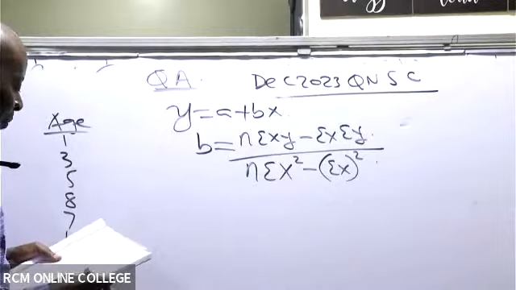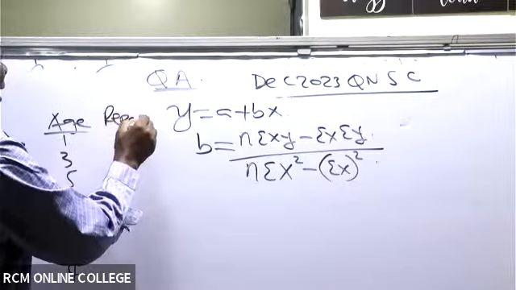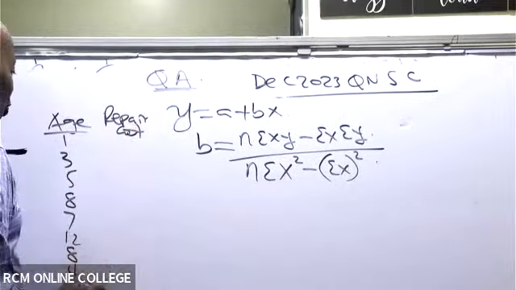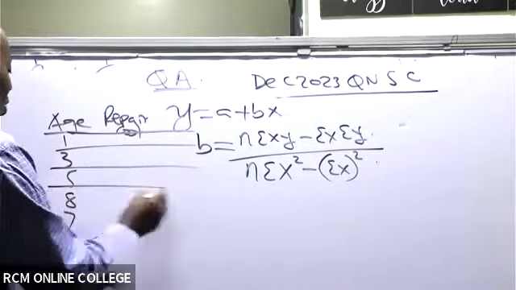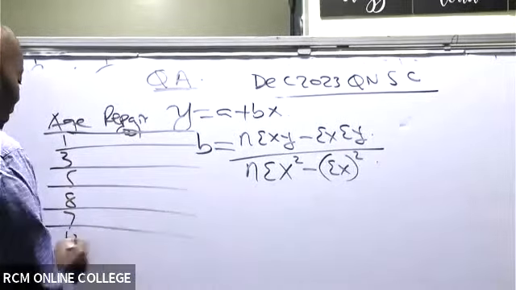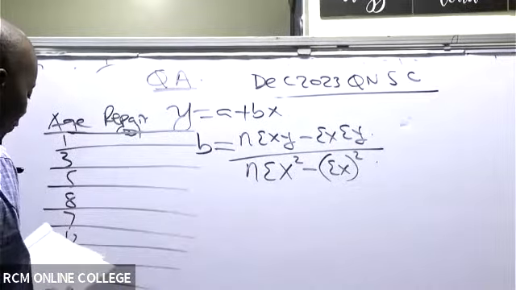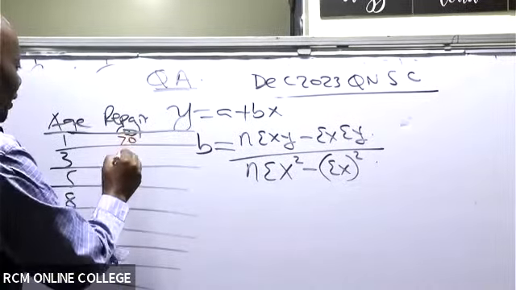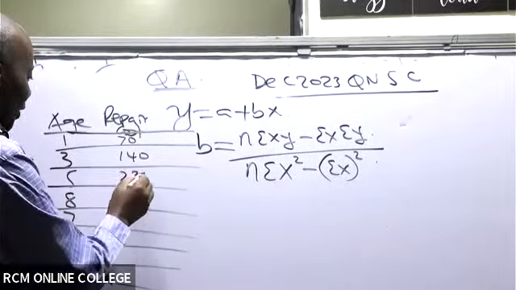And then we have a repair cost. What do we have here as our repair cost? So repair cost, the first one is 70. Then we have 140. Then we have 230.